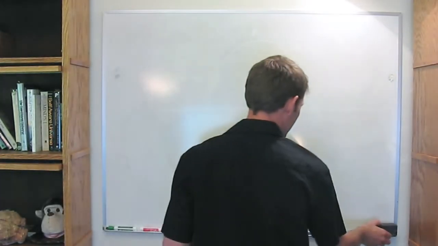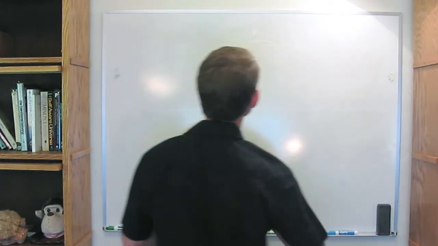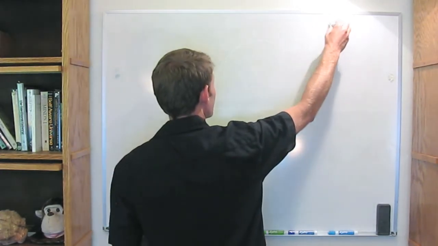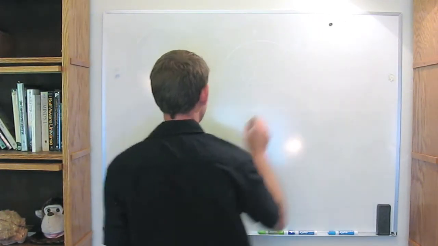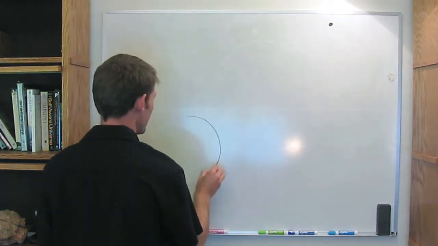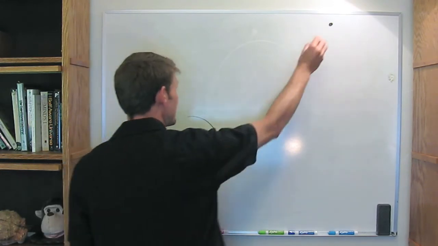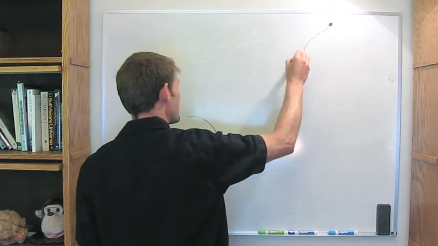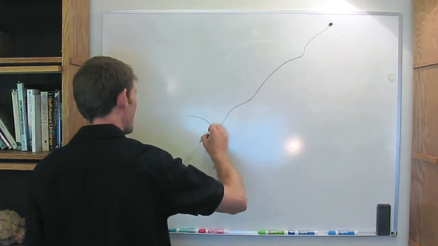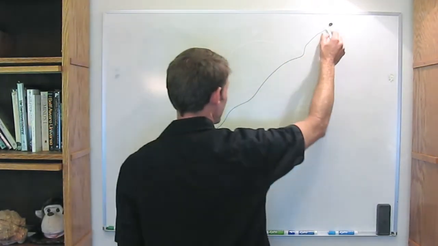In astrotometry, if this is a distant star, and this is us on the Earth, we look at this, we see this light that travels from the distant star, and we assume that this is a straight trajectory.